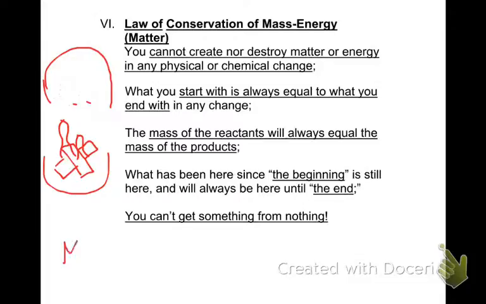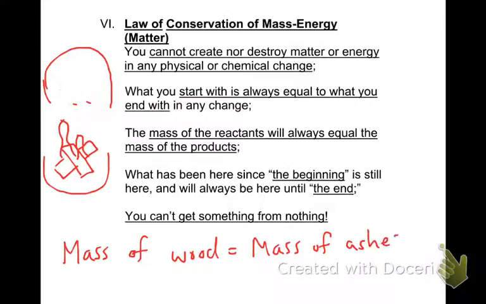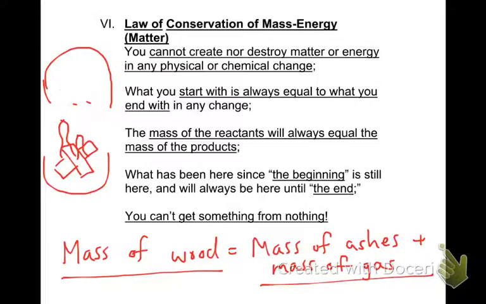So, mass of the wood would be equal to mass of ashes plus mass of gas. So the mass of our reactants, our wood, what we started with, would be equal to the mass of our products, the ashes and the gas.